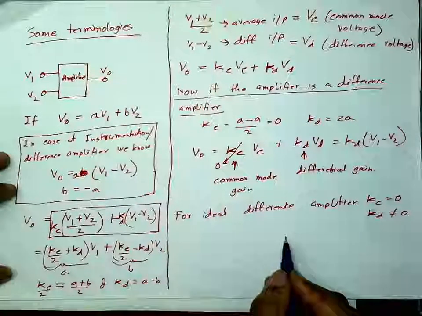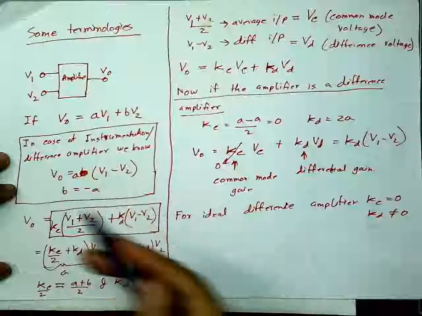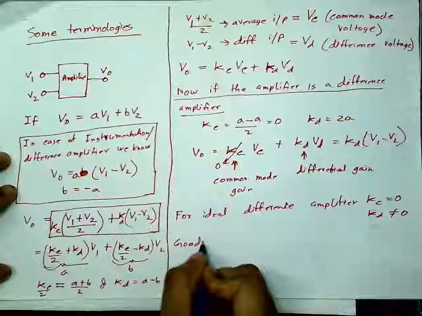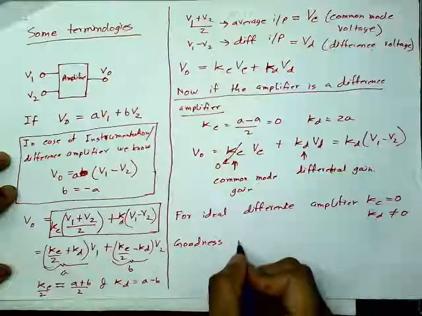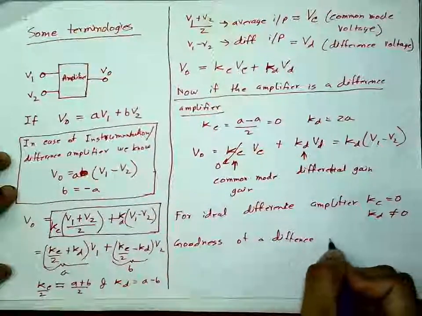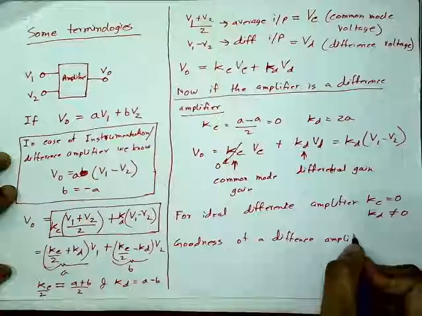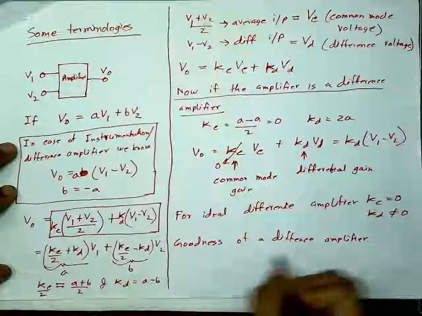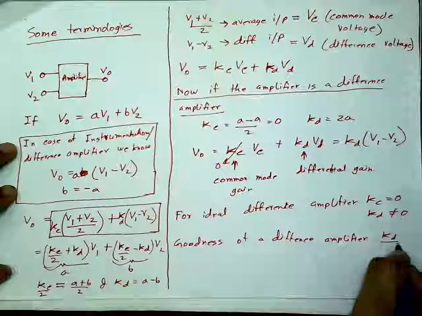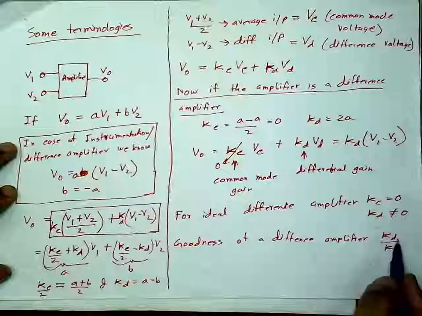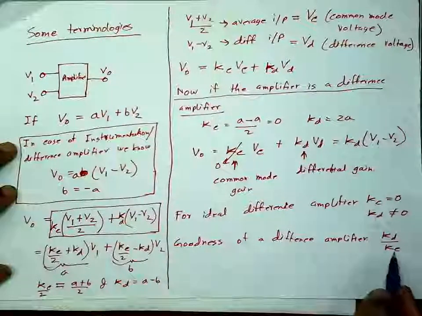And therefore, if we have a difference amplifier, we can measure the goodness of a difference amplifier maybe by this factor, Kd by Kc. Okay, the higher the Kd is and the lower the Kc is.